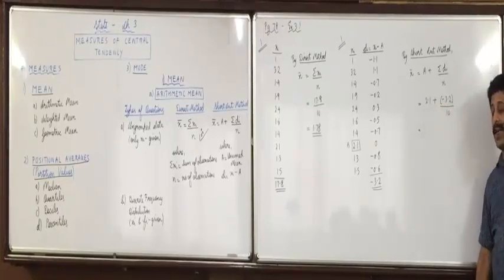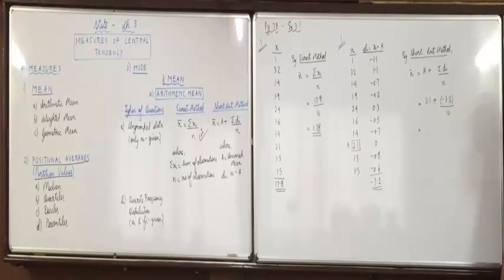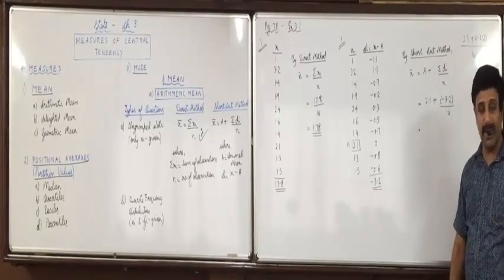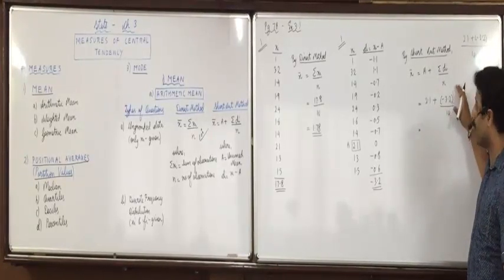Now don't do this directly in the calculator, you'll make a mistake. If you do in the calculator 2.1 plus minus 3.2 upon 10, what will be done in the calculator is this whole upon 10, which is wrong. If you directly do it in the calculator, what is divided by 10 is only this part.